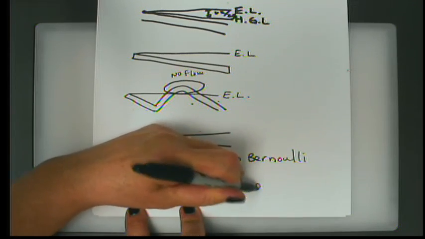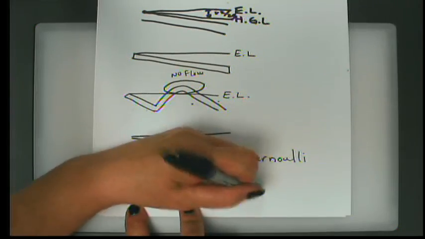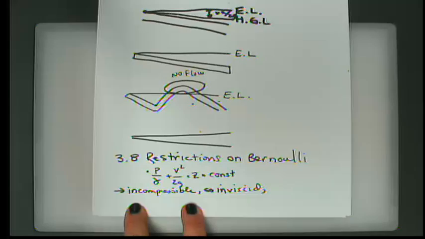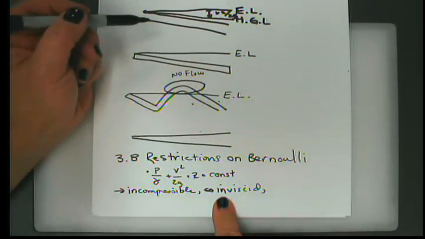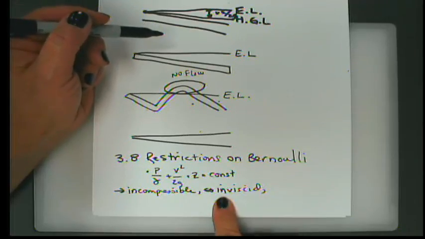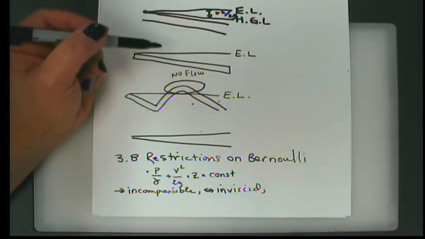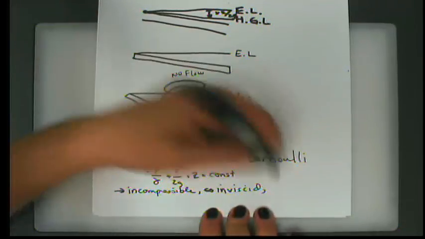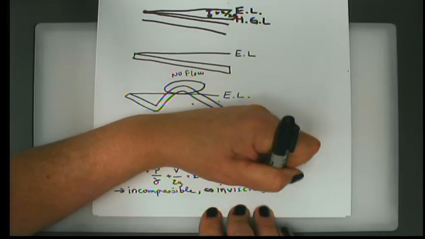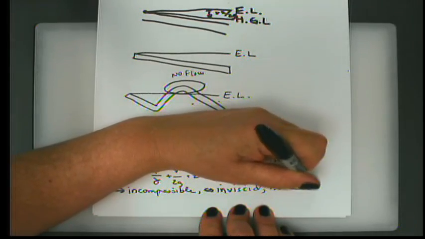In other words, we have to be in the region of flow where viscosity does not matter, that we're not going to be taking into account those shearing effects that we get, especially at the edge of a pipe. But also some fluids are just so viscous that we have to take them into account everywhere in the flow stream. We also are assuming that there is no head loss.